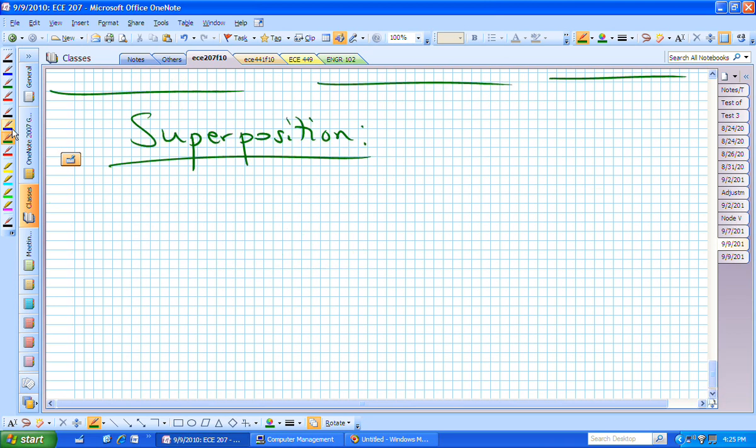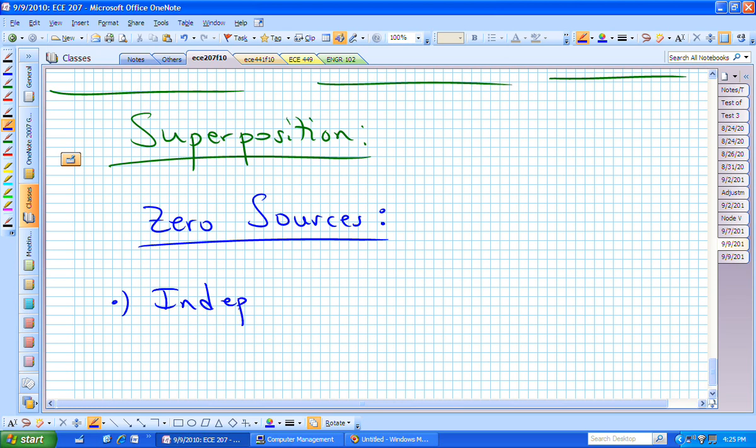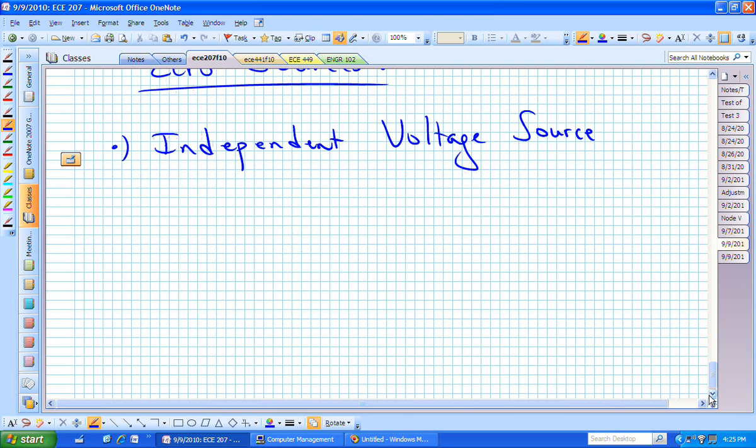In superposition, we are going to have to know how to zero sources. And that involves more than just holding fingers up and down. Meaning, these are independent sources, we can't zero out dependent sources. These ideas will actually be helpful in Thevenin and Norton. If I wanted to zero out a voltage source, what does that mean?